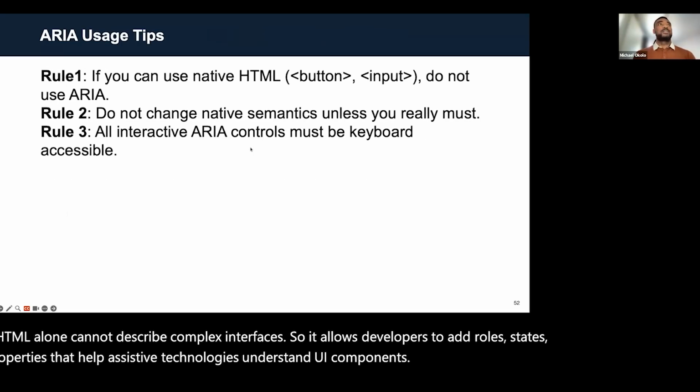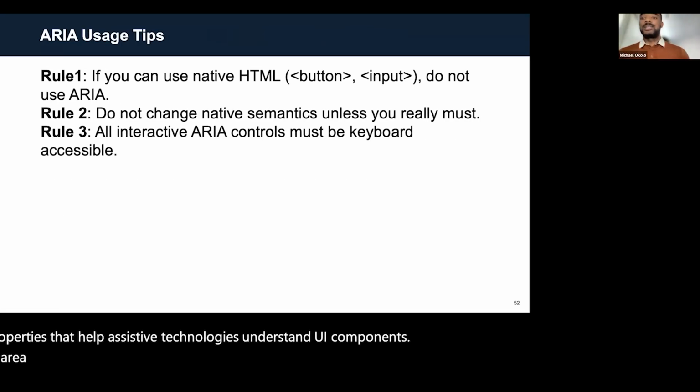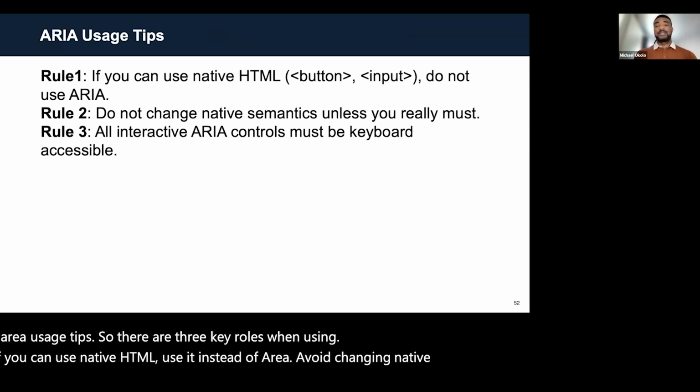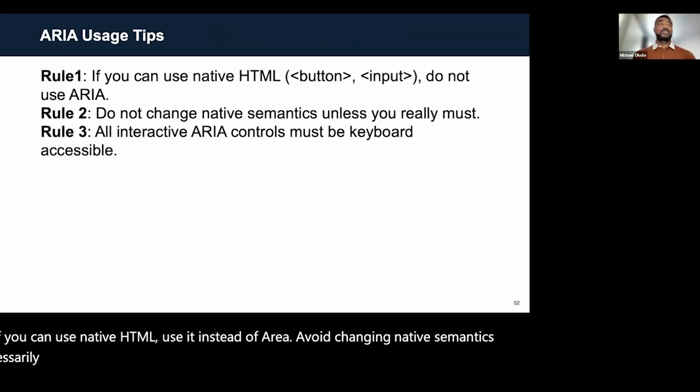So, the ARIA usage tips. There are three key rules when using ARIA. If you can use native HTML, use it instead of ARIA. Avoid changing native semantics unnecessarily using ARIA, and ensure any ARIA controls are fully keyboard accessible.